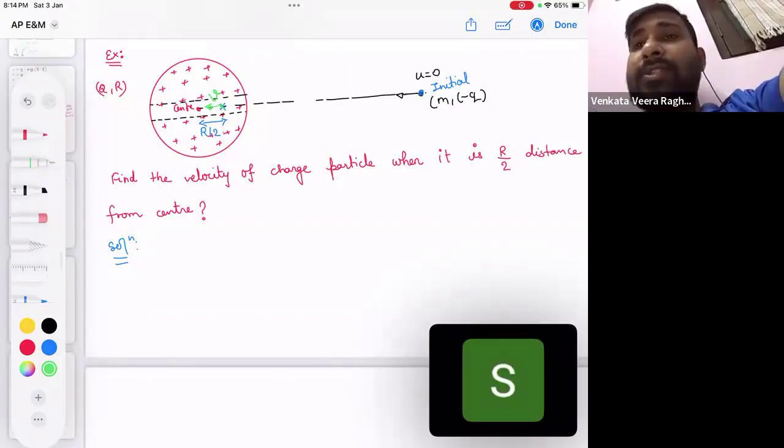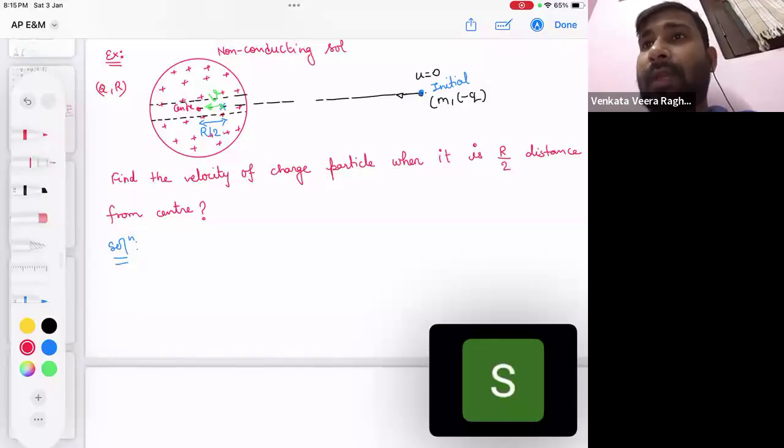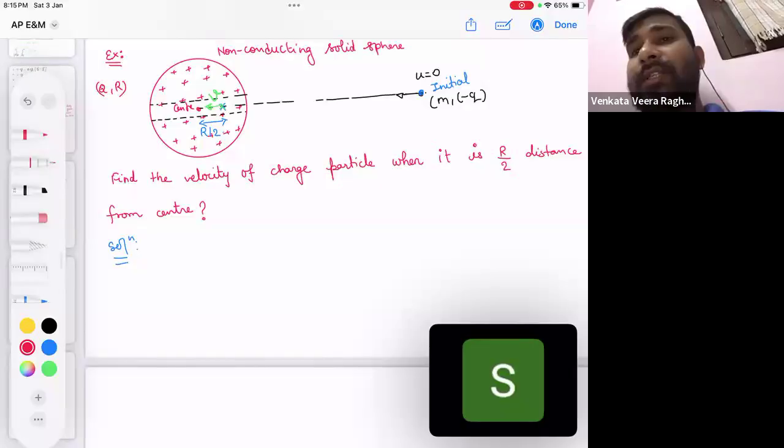Please tell me, understood the question? Both questions are similar. Only what is different? The distribution of charges is different in the two examples we have taken. In this case, this sphere is a non-conducting solid sphere. Please tell me what we are going to get now.